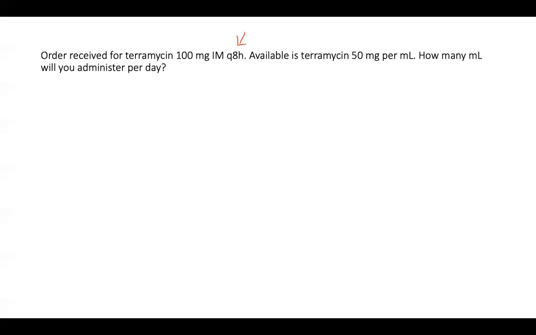And then the question says, how many milliliters will you administer per day? Per day. So it doesn't match, right? My order is per dose and the question's asking me per day. So let's keep that in the back of our minds. But again, remember, if we're following all of our rules, the problem will tell us when we need to add more information. Okay, so step 1, what are we looking for? We're looking for milliliters per day.